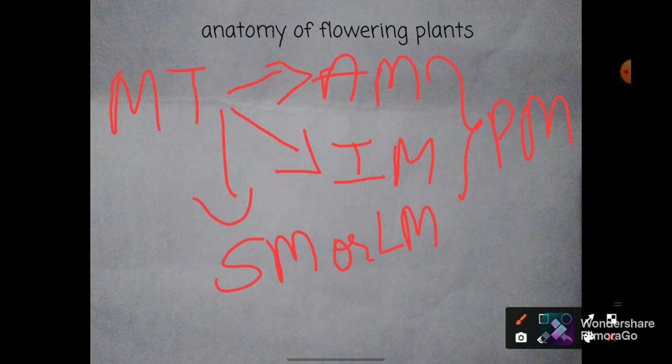And primary growth means growing in terms of height, that is due to the primary meristem. Now, the leftover meristem is called secondary meristem. That easy. If the primary meristem helps in primary growth, then the secondary meristem obviously helps in secondary growth, that is increasing the girth.